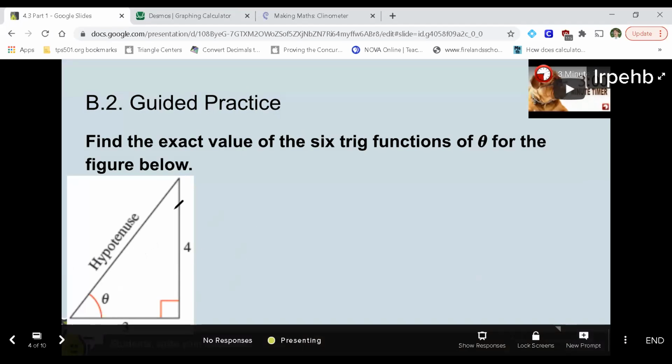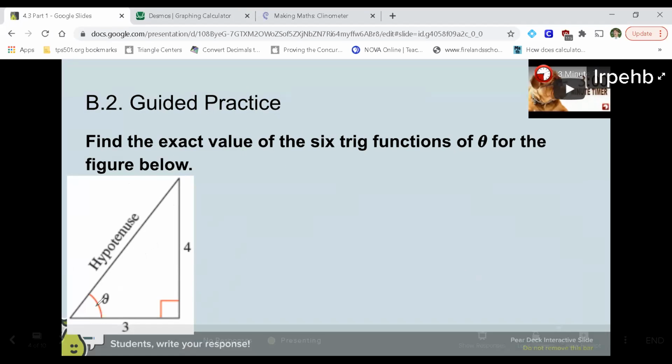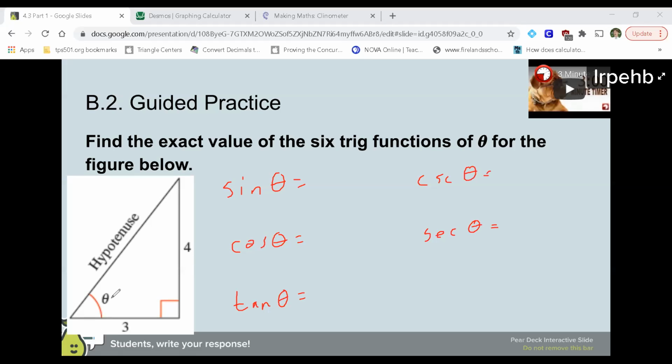So for example, the first one that I would like you to try to solve is this one. Given this angle here, can you tell me what the sine of that angle is, the cosine, the tangent, cosecant, secant, and cotangent? For this one, I'll do one of these for you just to show you what I'm looking for in an answer.